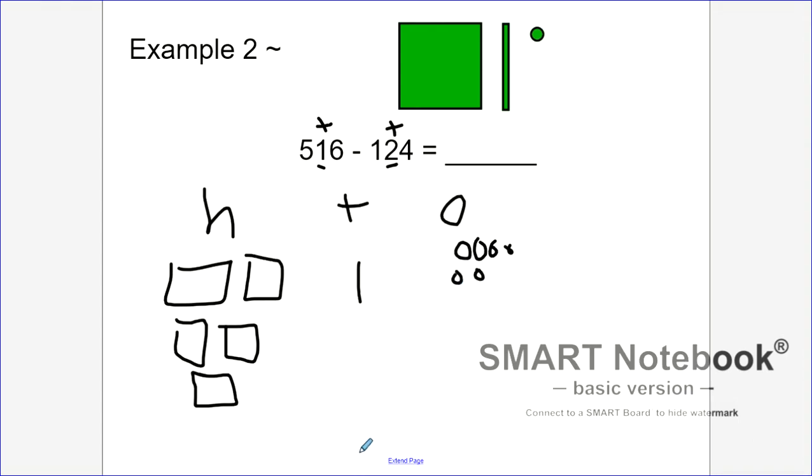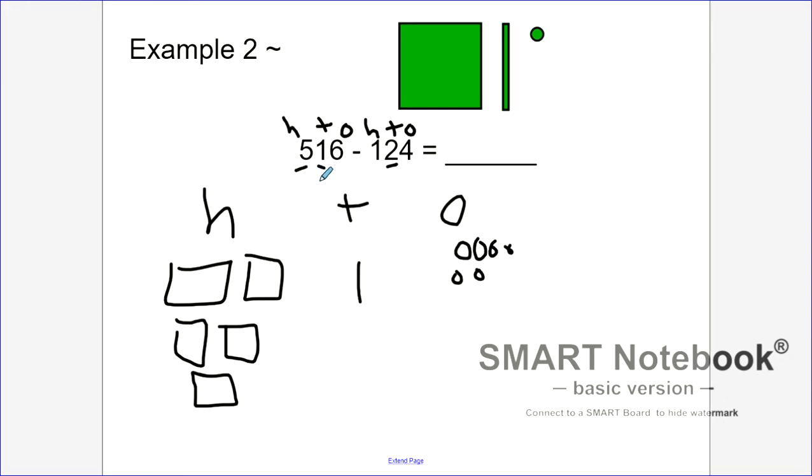We go ahead and take a look here at the 6, the 5, and the 1, and we think to ourselves, okay, what does each number mean? The 5 is hundreds, 1 is tens, and 6 is ones. And we think in terms of digits over here. We have the digit 1 in the hundreds place, 2 in the tens place, and 4 ones.